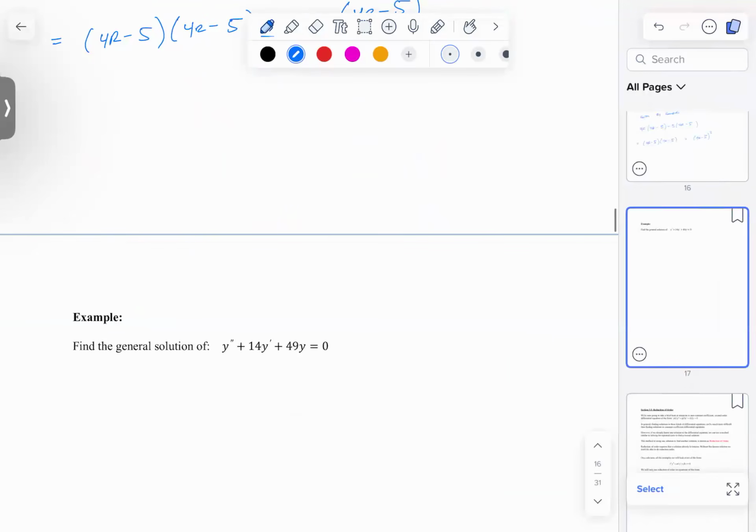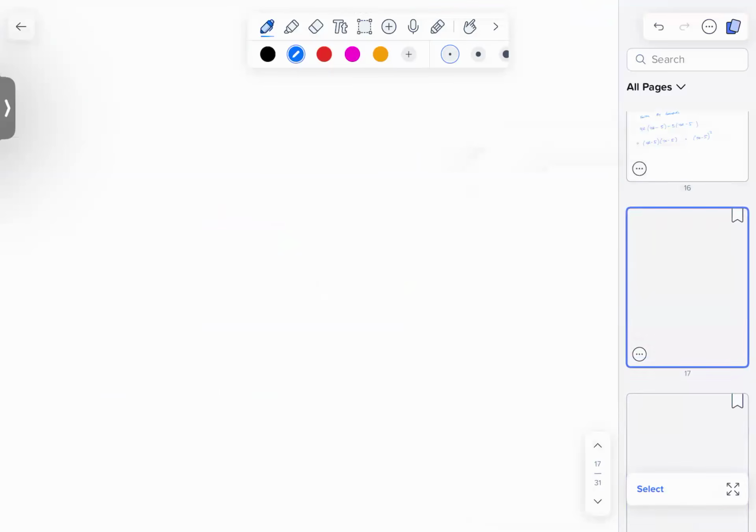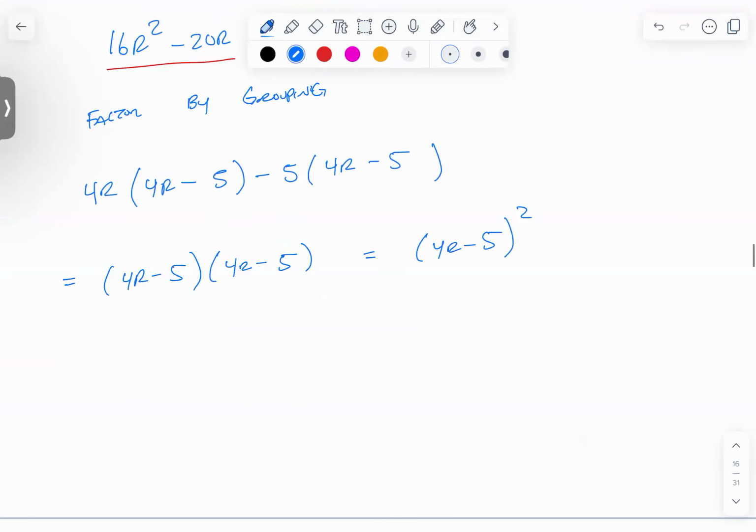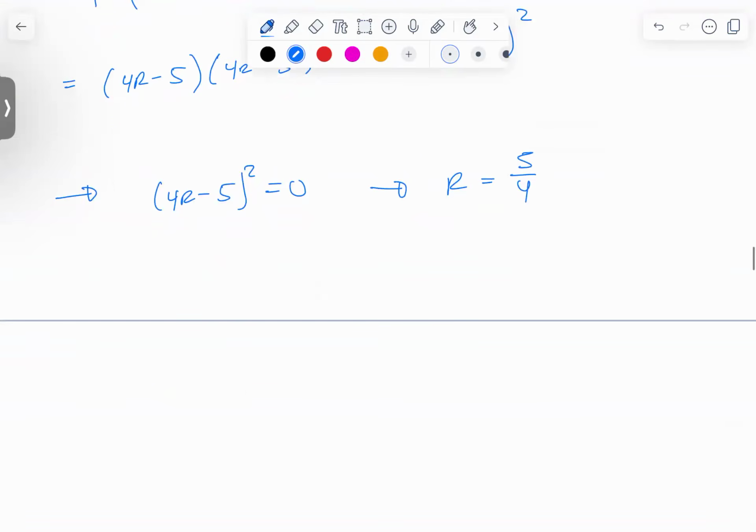So once I have that, back to where we were, (4r minus 5) squared equals 0, which of course gives us r equals 5/4, which means we can identify our general solution. y of t equals C1 e^(5/4 t) plus C2 t e^(5/4 t).